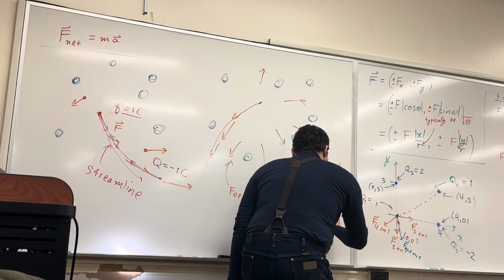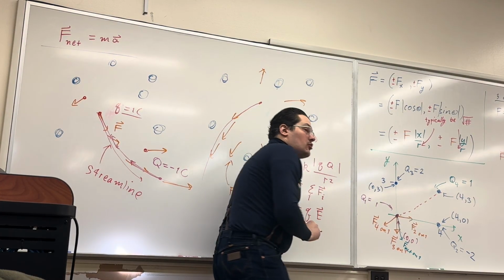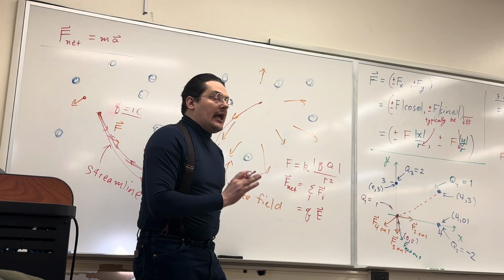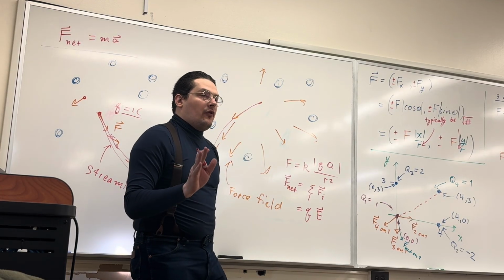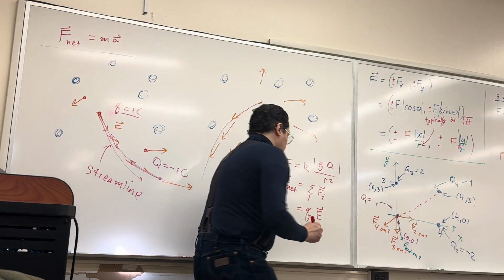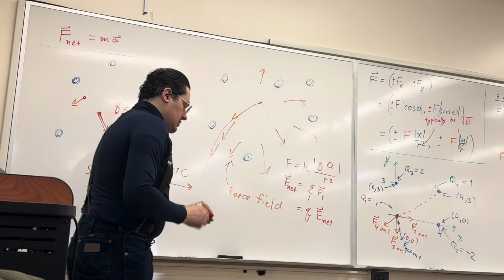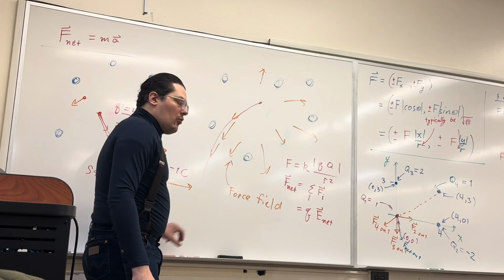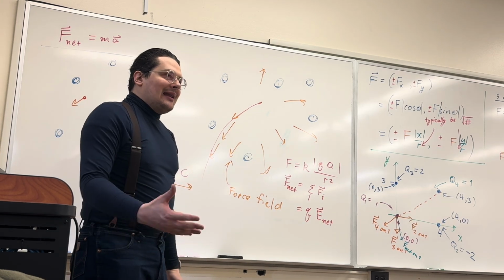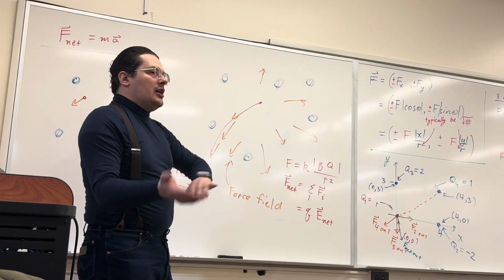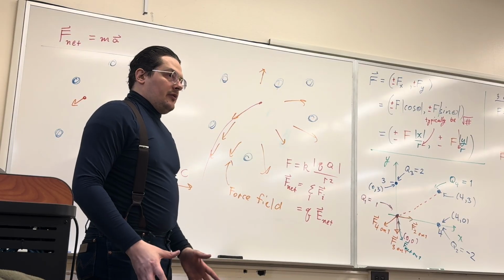And that something else is the electric field. Okay, from now on, E will stand for electric field, not energy. And this is the net electric field. So this is our way of talking about which way the river is flowing, not the actual force and inertia of any object flowing down the river.